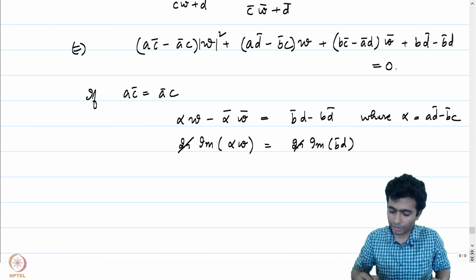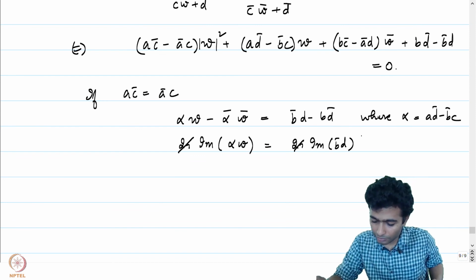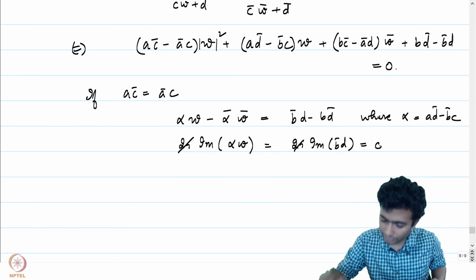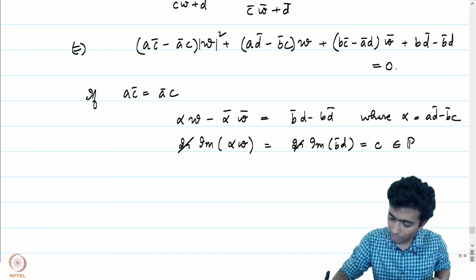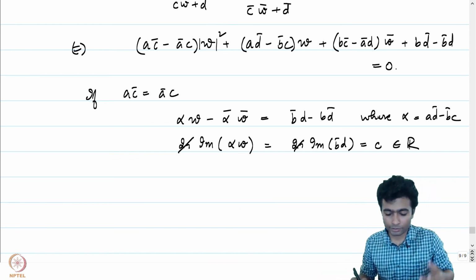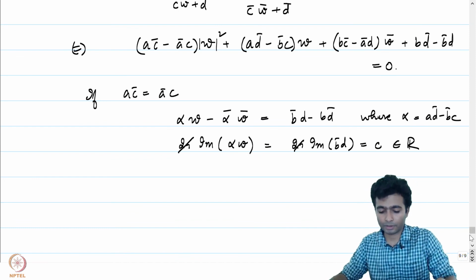These cancel off, and that tells us that the imaginary part of alpha times W is a constant in R, which is the equation of a straight line. So when AC̄ is equal to ĀC, it's mapped to a straight line.